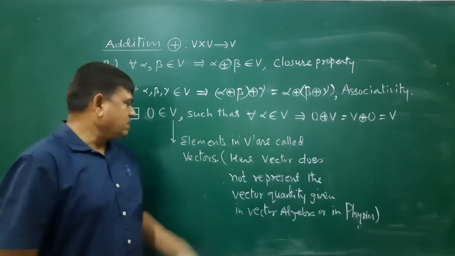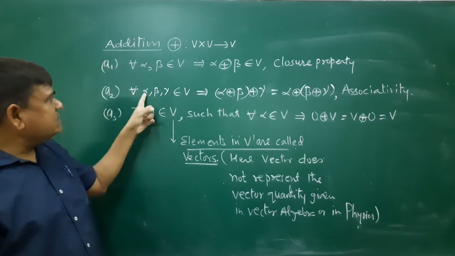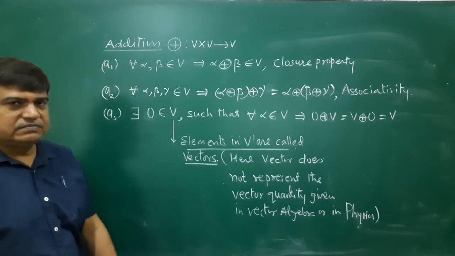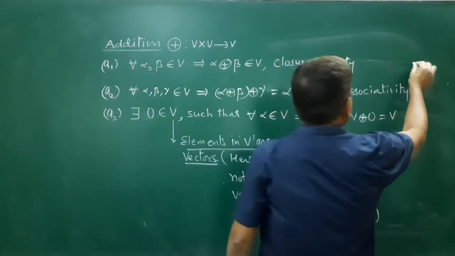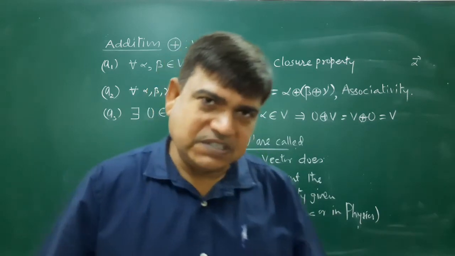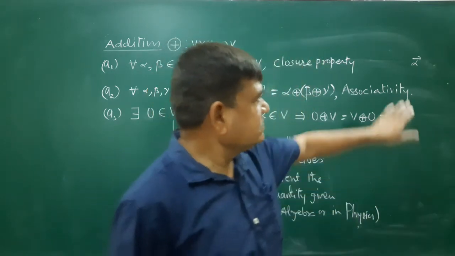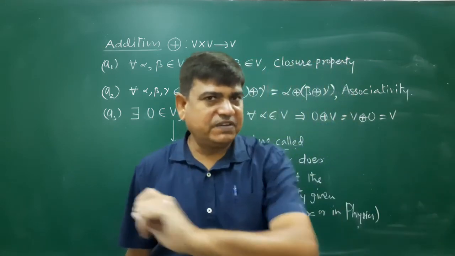Elements in V are called vectors. So here alpha is a vector, beta is a vector. If it is vector quantity, then I will use this symbol. This is a vector quantity. I am not using this one. I am not interested in vector quantity.